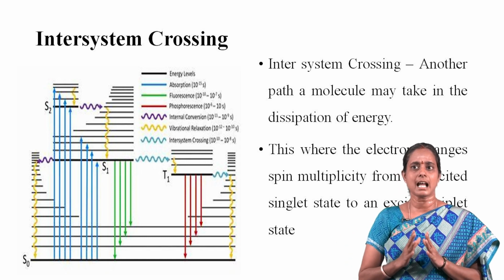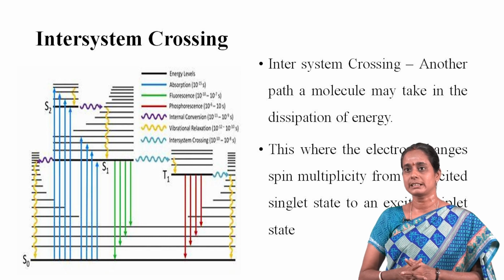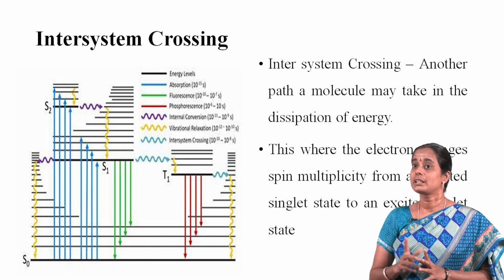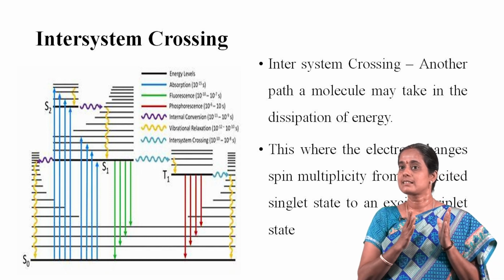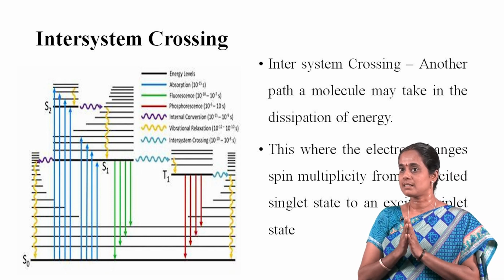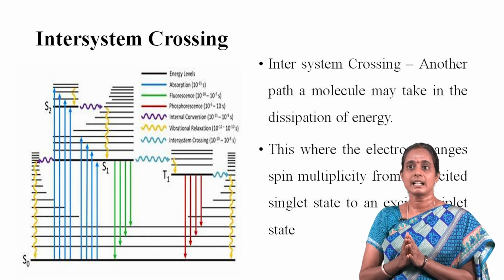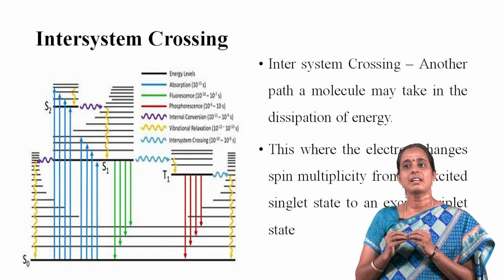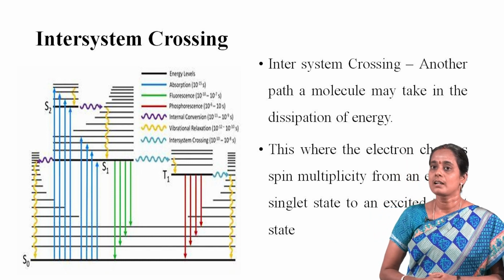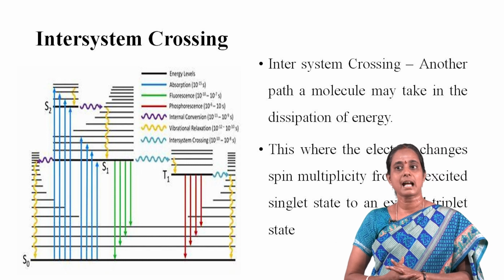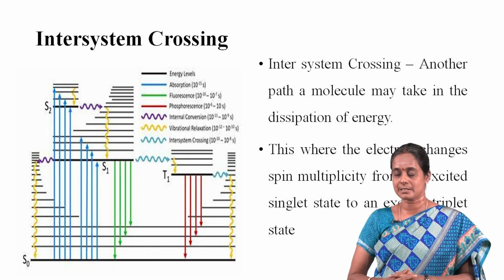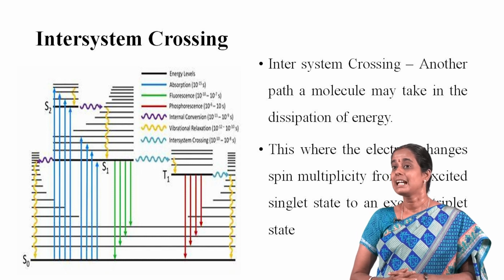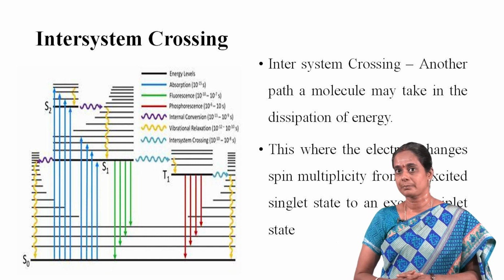This transition occurs from S2 to T2, S3 to T3, S1 to T1, that is, singlet second state to triplet second state, or singlet third state to triplet third state. This is a very slow process, several orders of magnitude slower than fluorescence. It is a radiationless transition between different spin states.